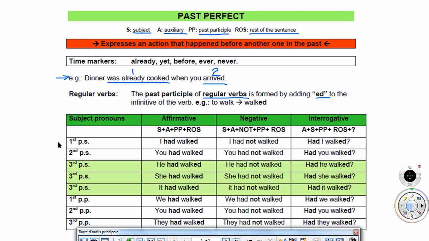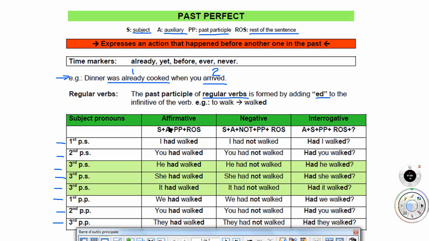We're going to use the subject pronouns, first person singular I, second person singular you, third person singular he, she, it, first person plural we, second person plural you, and third person plural they. For the affirmative form, we're going to have the subject, the auxiliary, the past participle, and the rest of the sentence.